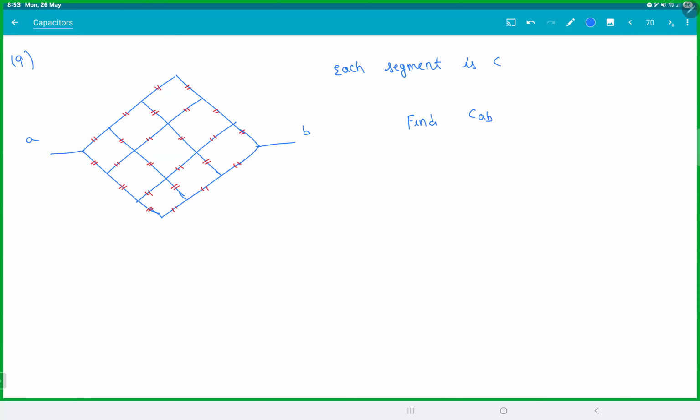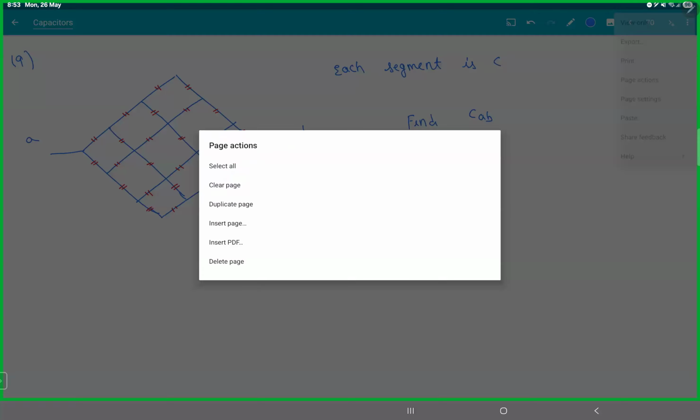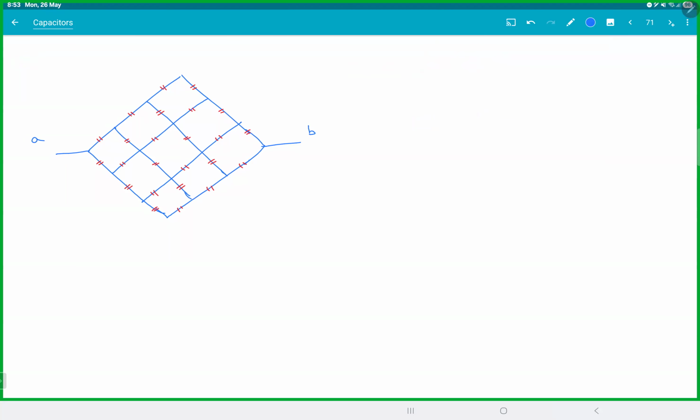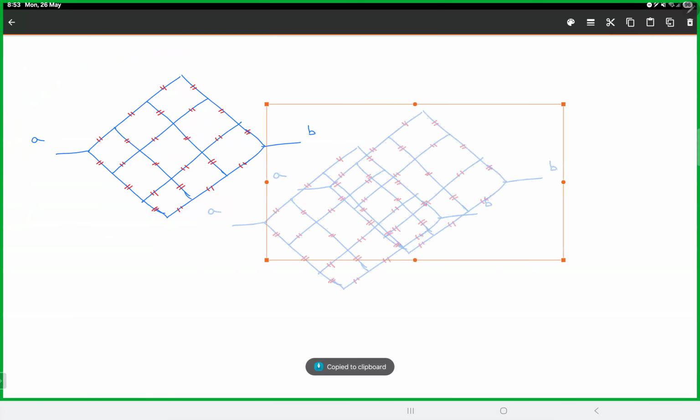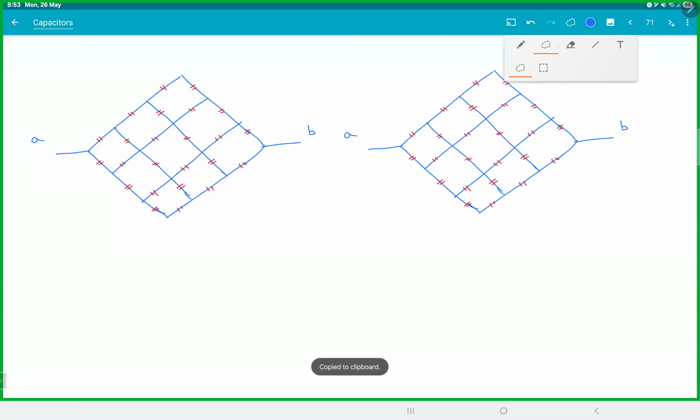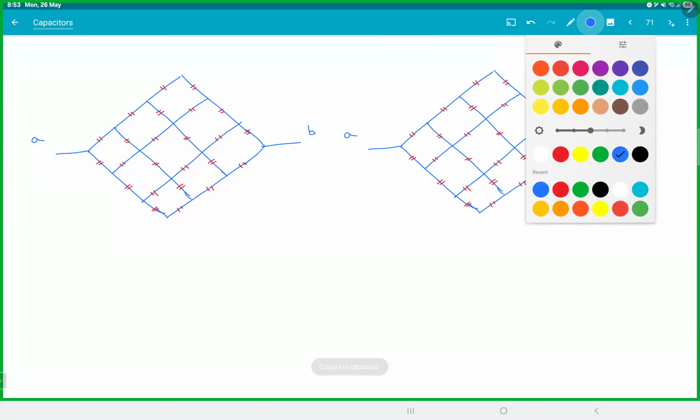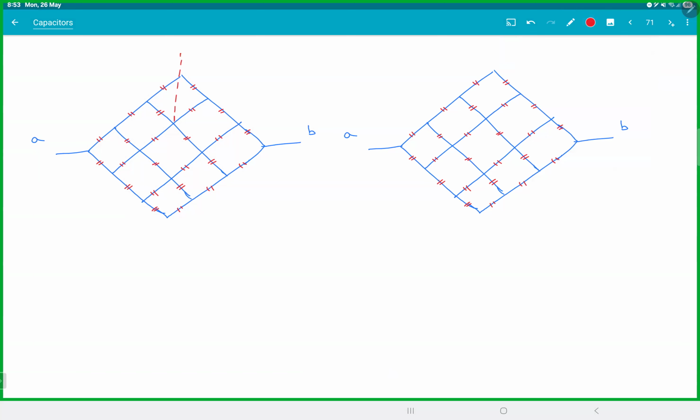Let's see. You can clearly see here, this is a bisector symmetry. This is also the axial symmetry. So you have both.